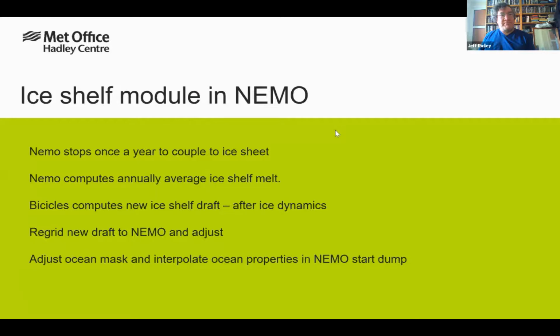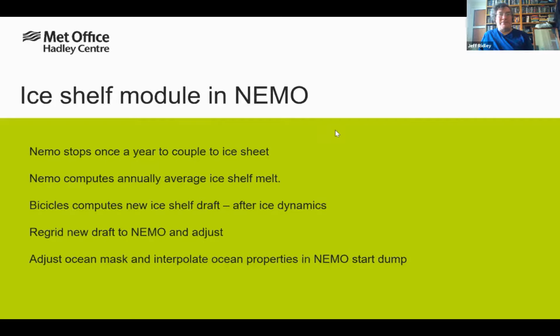Going on to the interesting bit, the ocean coupling issue. You transfer the melt rate from the ocean to BICYCLES, the ice sheet model, and that then calculates a new ice shelf draft after ice dynamics.